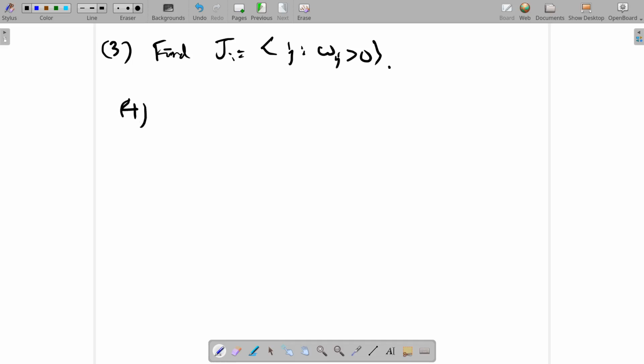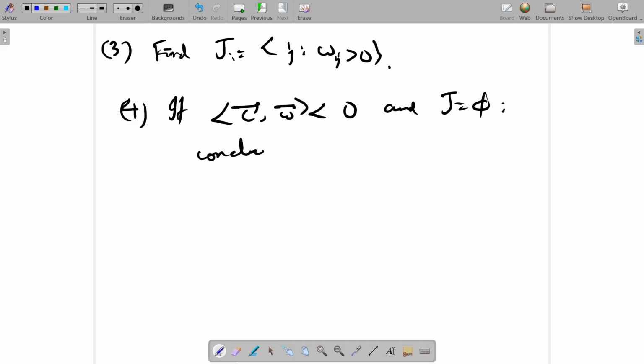Once you have done that, now we have these conditional statements. If c dot w is strictly less than 0 and J is empty, what do you do? Conclude that the LP instance is unbounded.